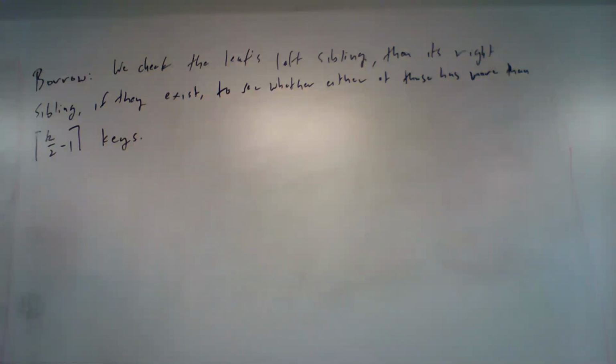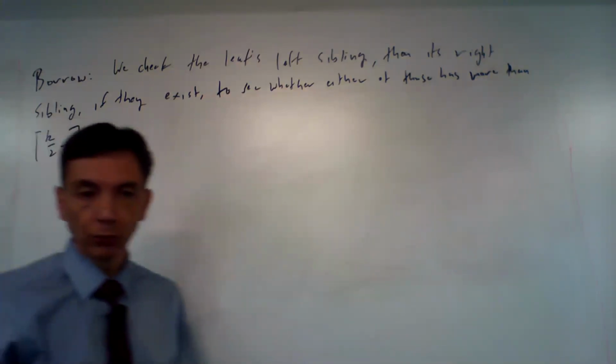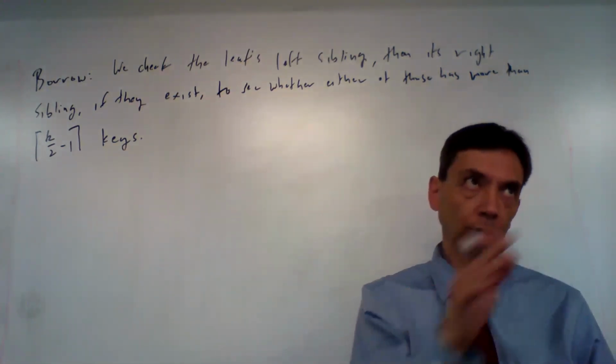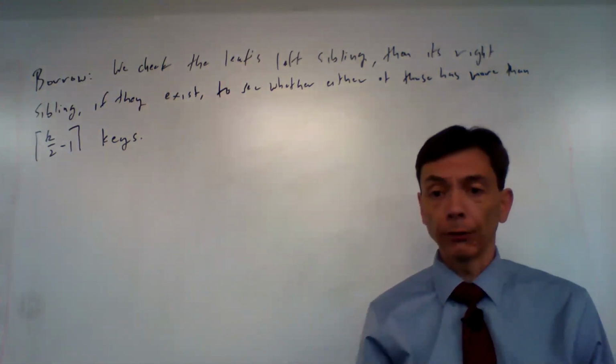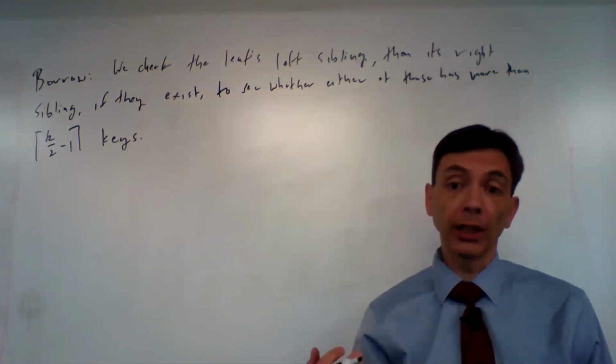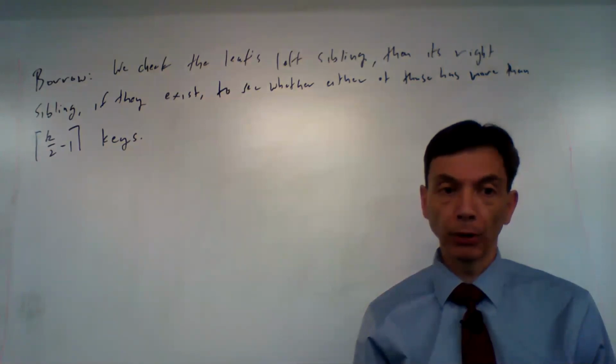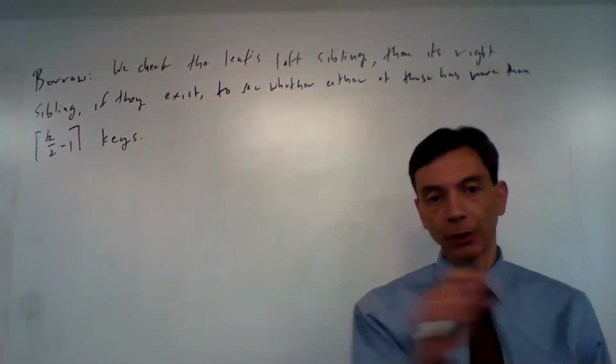Okay. So what we're doing basically is we're saying, all right, we're going to look to our left and right in the same level of the tree that we're at to our two siblings. And if either one of them has more keys than they need, we're going to ask to borrow one. And the way we're actually going to borrow one is we're not just going to grab it and pull it over.